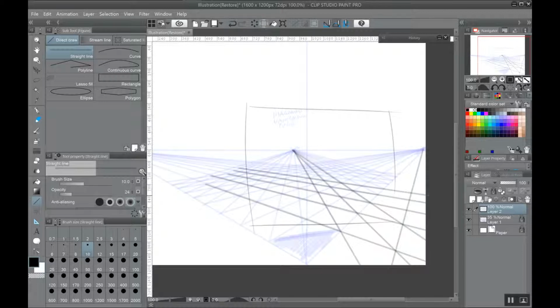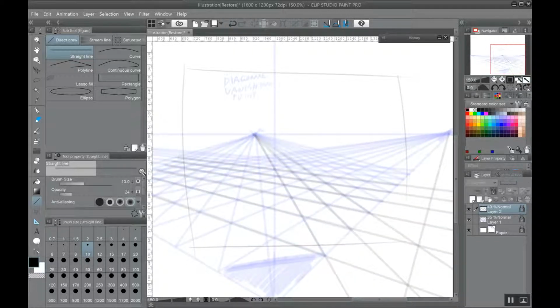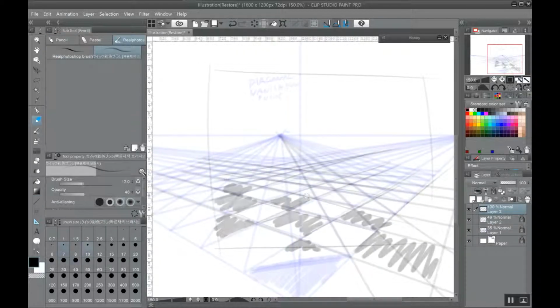So what can this be used for? It can be used for creating a chessboard, a kitchen floor. You could use it to make a sidewalk, or maybe a kitchen.